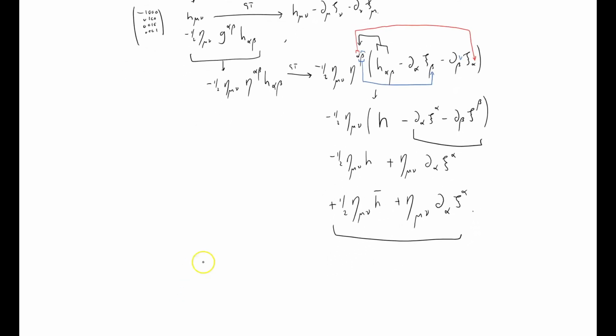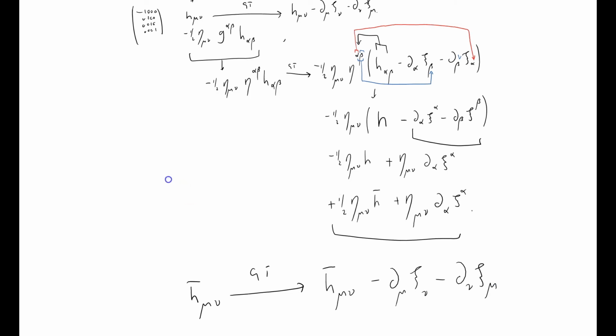And that tells me that h bar mu nu goes to, under a gauge transformation, what it was before, minus di mu psi nu minus di nu psi mu from these terms here.